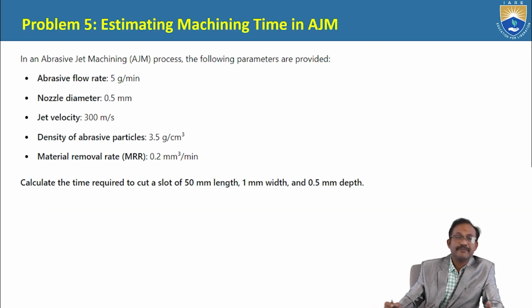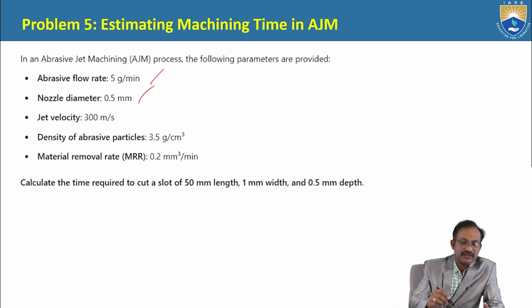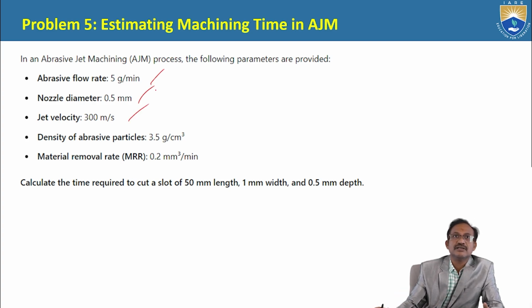So problem number 5. In an abrasive jet machining process, the following parameters are provided. Abrasive flow rate, nozzle diameter is given, jet velocity given, density of abrasive particles given, material removal rate is also given.